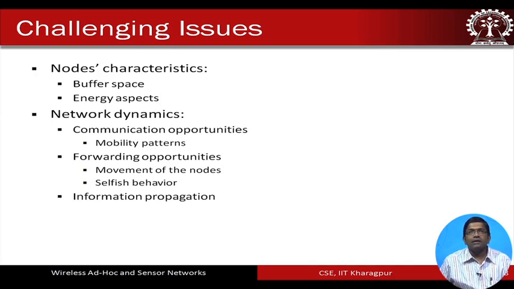Then there are forwarding opportunities: the nodes might behave as selfish nodes, so they may or may not be willing to forward the messages that they receive. So, selfishness and cooperation become very important in these networks.